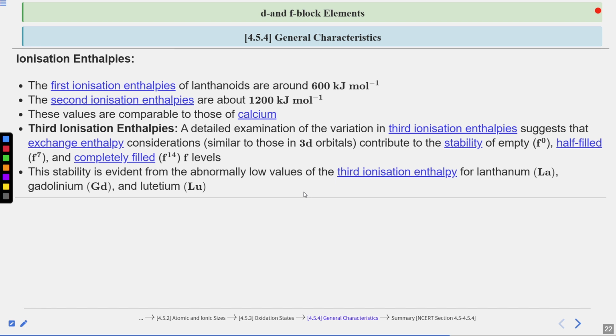In gadolinium, the third electron is removed from 5d1. The stability is evident from the abnormally low value of third ionization enthalpy, because they attain stability after removing their 5d and 6s electrons. They attain either 4f7 or 4f14, or the noble gas configuration in the case of lanthanum. That's why their third ionization enthalpy values are lower.